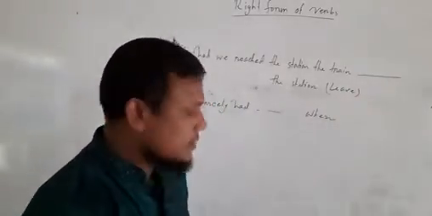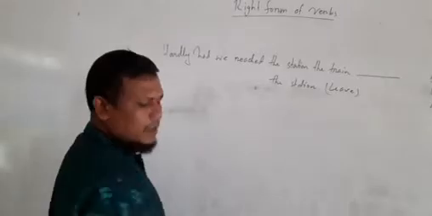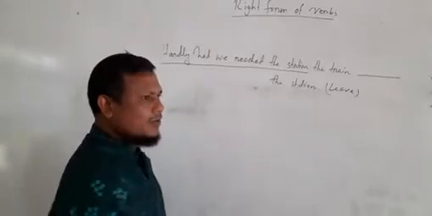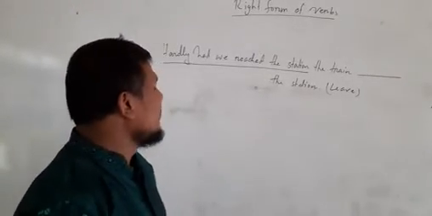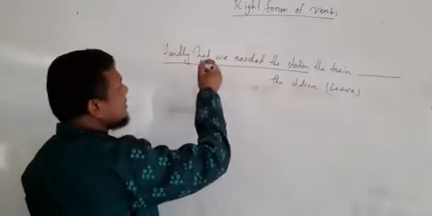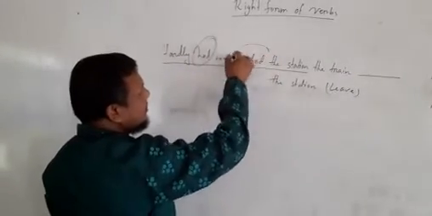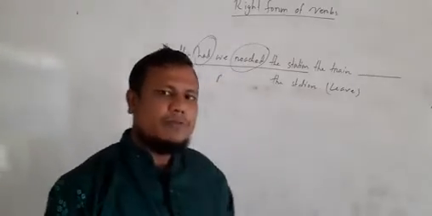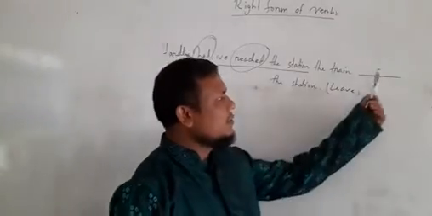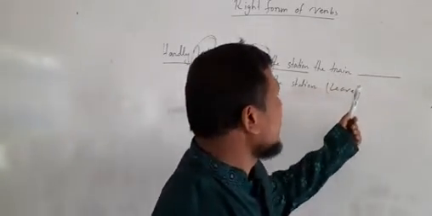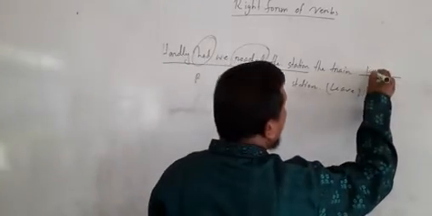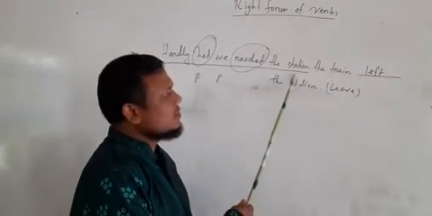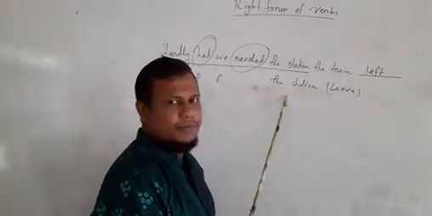In this sentence, the first part, hardly had we reached the station. If you notice the sentence, the structure is had and past participle of verb. I mean past perfect tense. And the next gap will take the past form of the verb. The leave, past form left, L-E-F-T, left. Hardly had we reached the station, the train left the station.